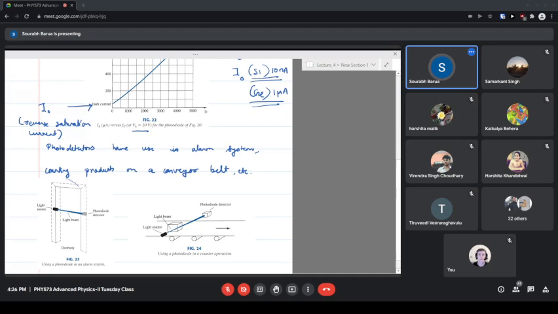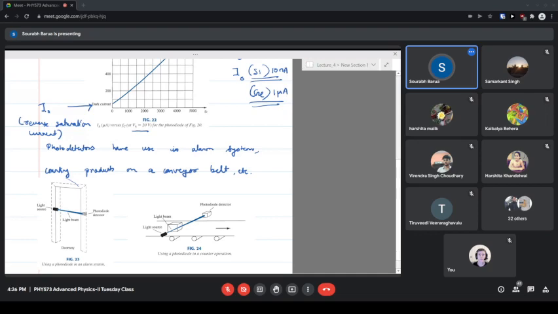And how can we actually improve the response time of photodetectors? You know that we have a PN junction, right? So you have the PN junction, and then you have the depletion region at the junction of the P and N type.